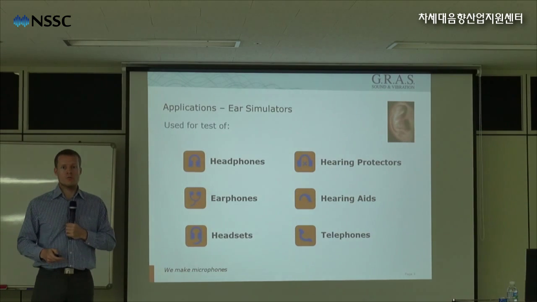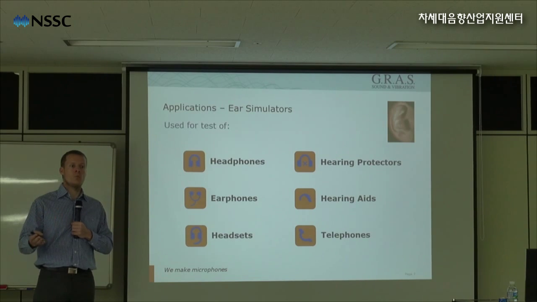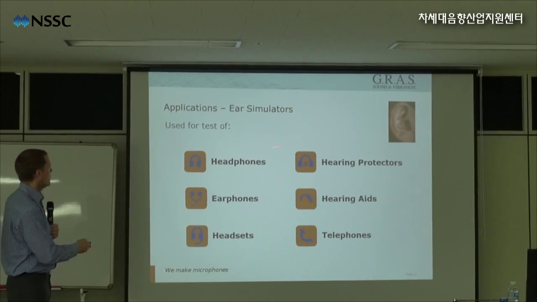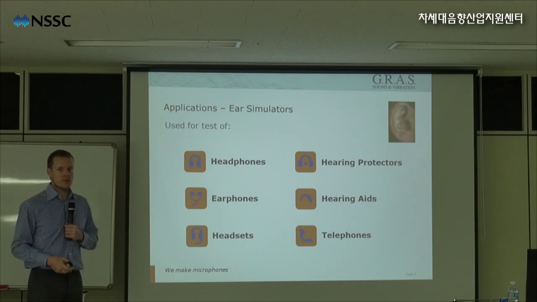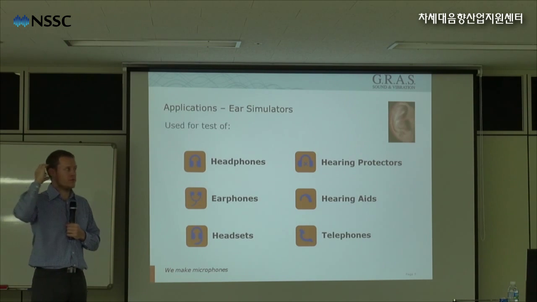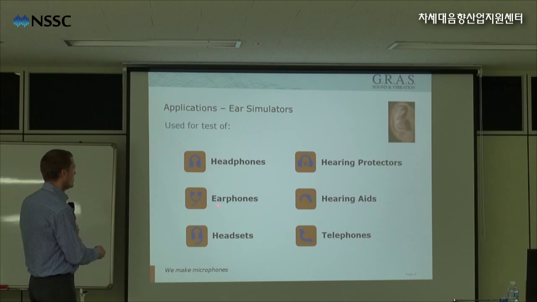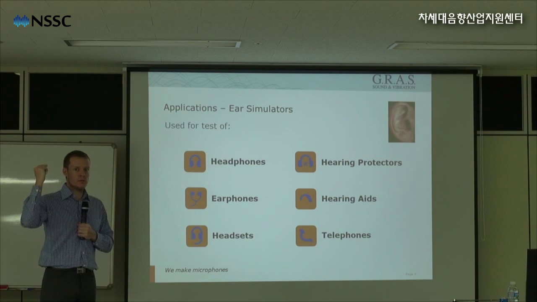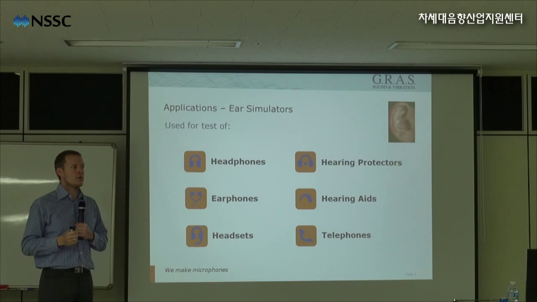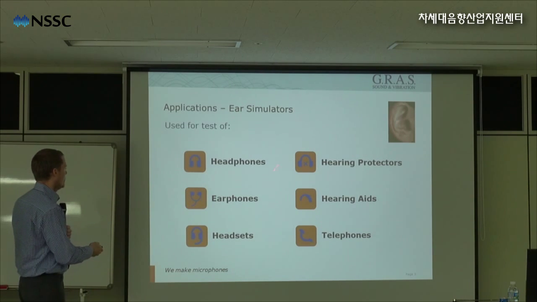To go into the different areas that we have products for: we have products for headphone testing, where you have a headphone on your head to calibrate the speaker inside the headphone. We have earphones, which are located inside the head, and we have equipment to test these as well.